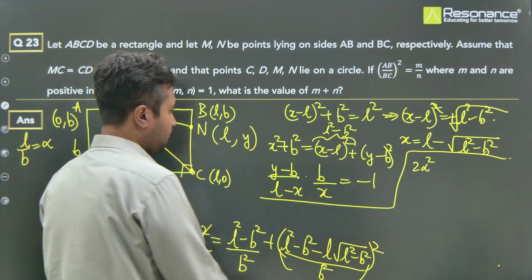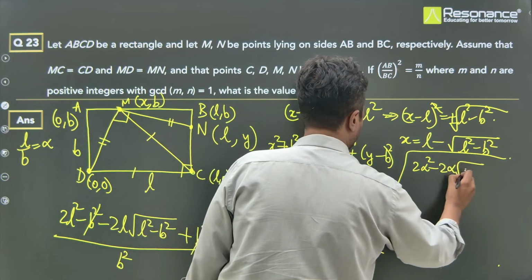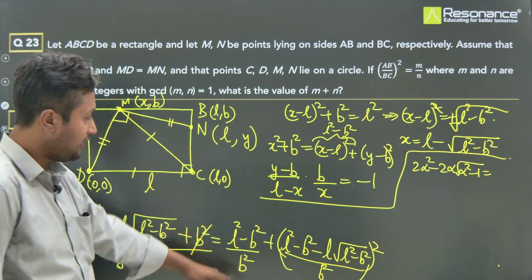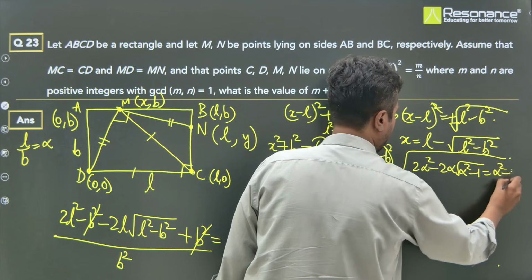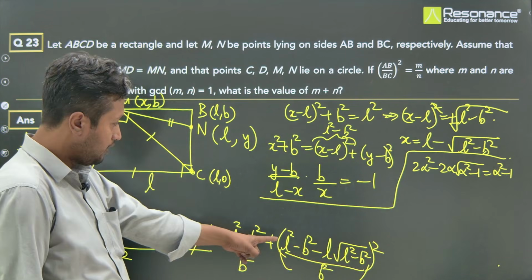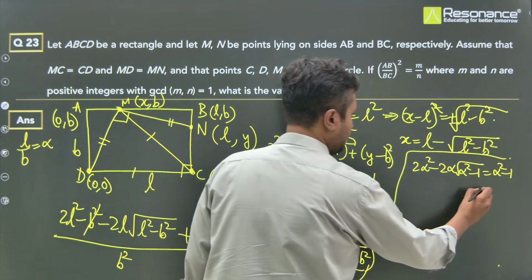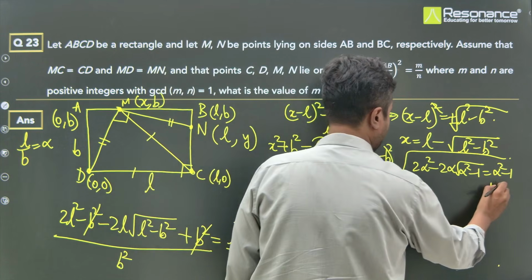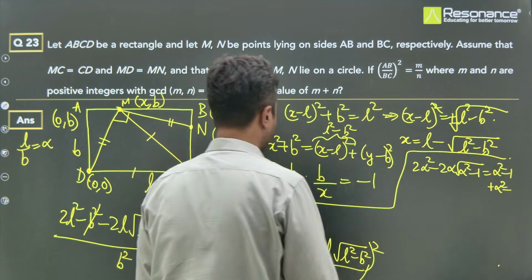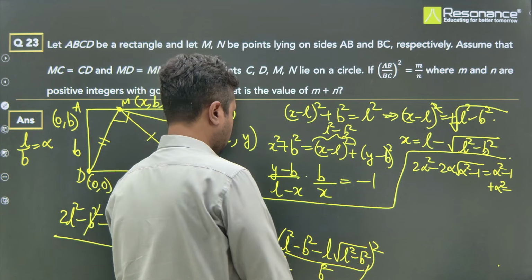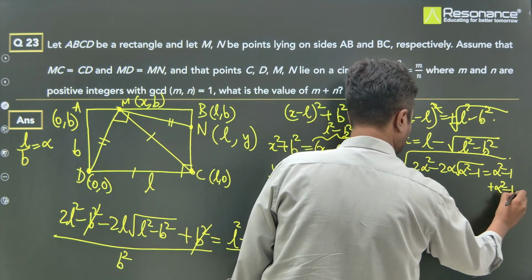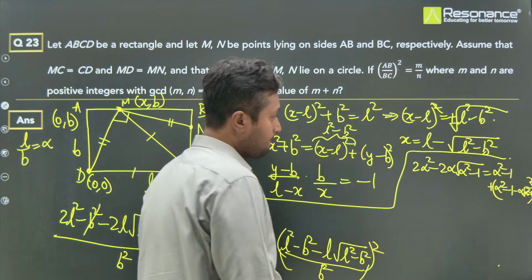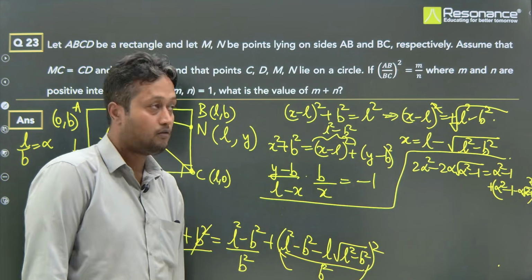Then 2 alpha square root of alpha square minus 1 is equal to alpha square minus 1, and then you have all of that whole square.